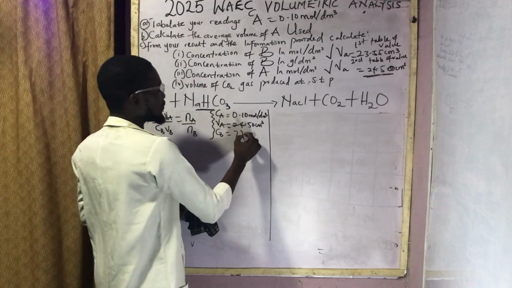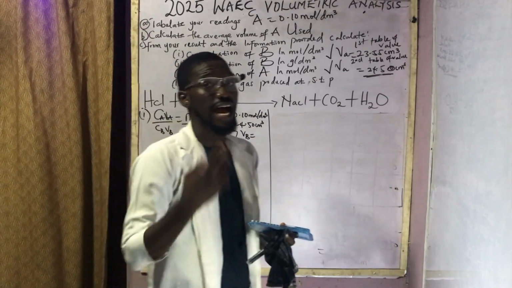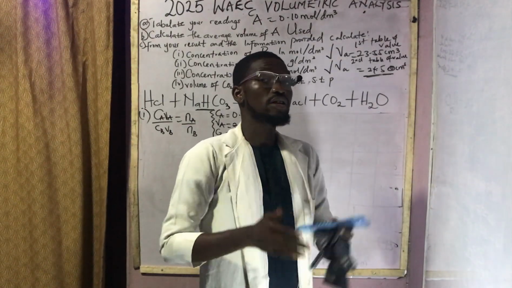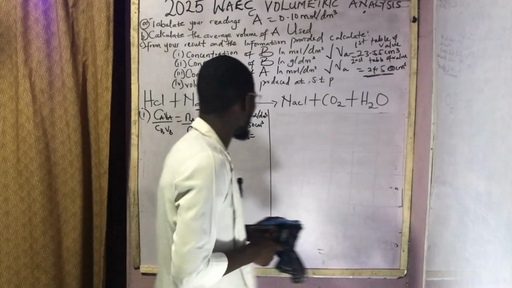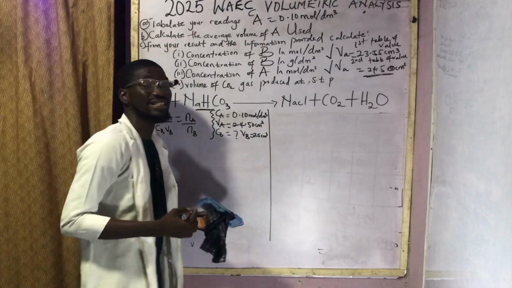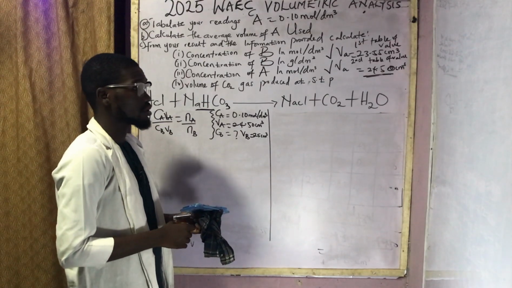Our Vb: pipettes can have two volumes, either 20 cm cube or 25 cm cube. We're making use of the 25 cm cube. In some schools, some teachers can decide to make use of 20 cm cube.